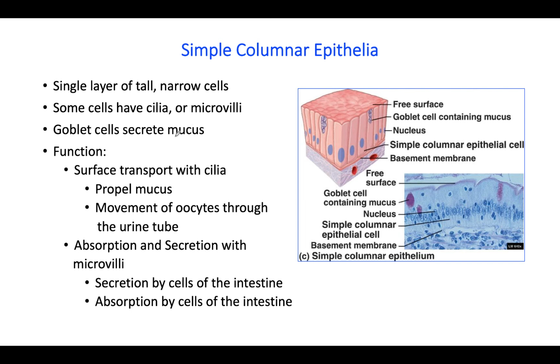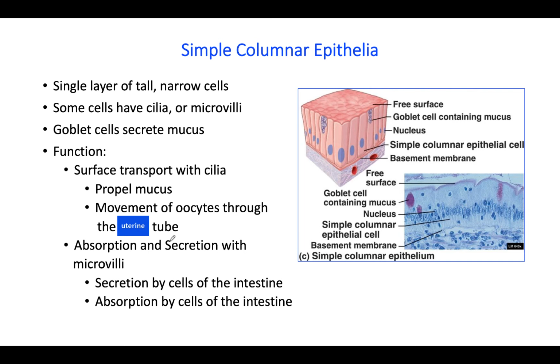And once mucus is produced, it is transported along the surface by cilia. Some columnar epithelia have cilia, and these cilia move in one direction and propel mucus. Some simple columnar epithelia with cilia can be observed in the uterine tube, where the cilia move the oocyte through the uterine tube.